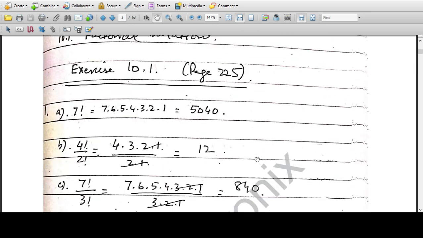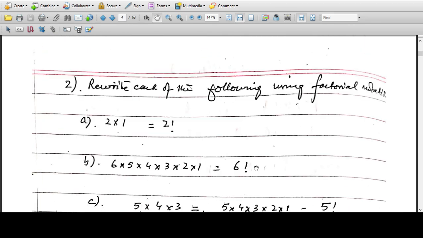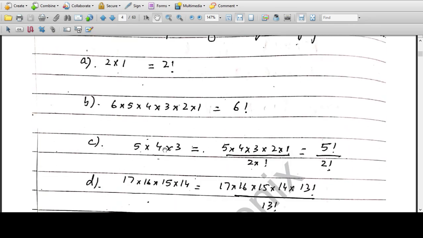So we can write this question number 2, this part 5 4 3, with 2 into 1 in the denominator. Since we are multiplying with 2 into 1, we will divide with the same value, 2 into 1. This becomes 5 factorial and this is 2 factorial.